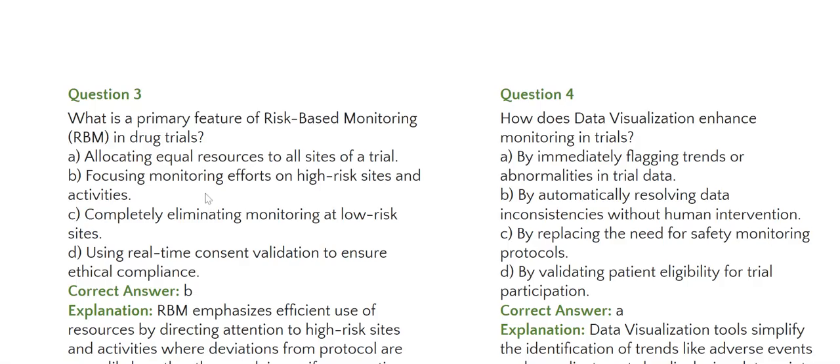B, focusing monitoring efforts on high-risk sites and activities. So B is the answer. RBM emphasizes efficient use of resources by directing attention to high-risk sites and activities where deviations from protocol are more likely, rather than applying uniform scrutiny. Eliminating monitoring altogether at low-risk sites is not part of the RBM strategy.